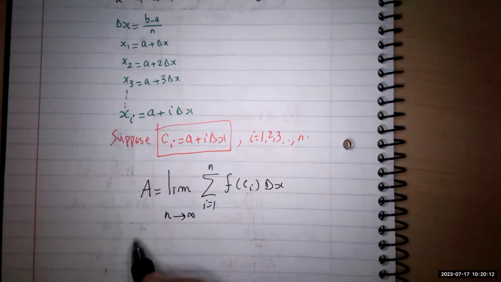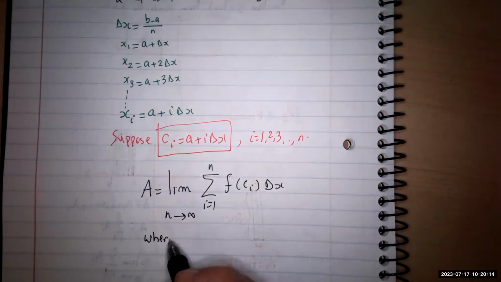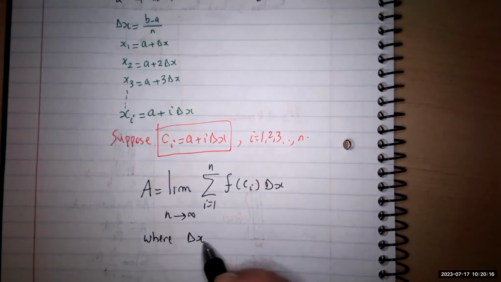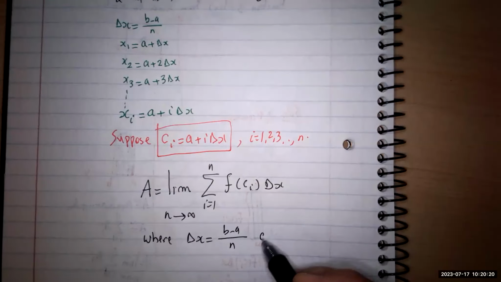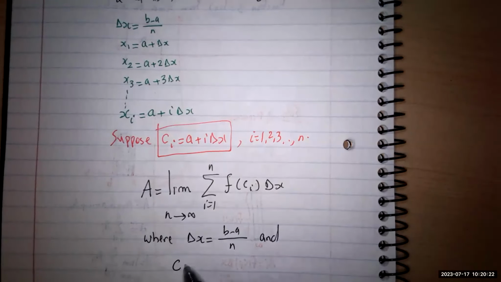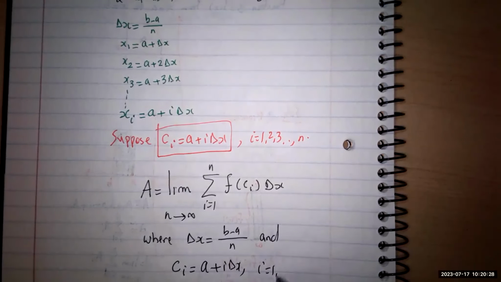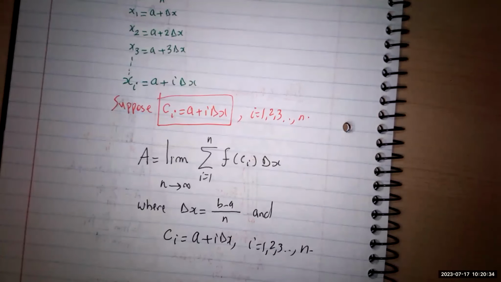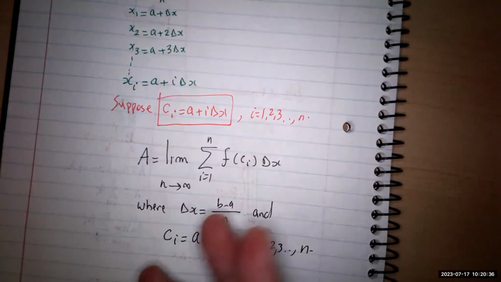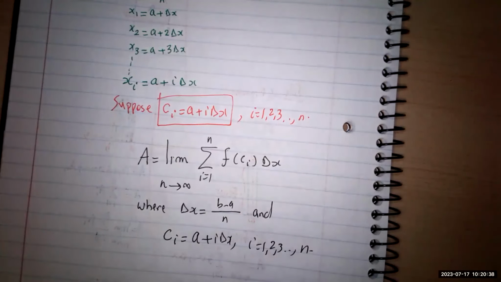Use this one formula where delta x is equal to b minus a over n, and ci is equal to a plus i delta x, for i equal to 1, 2, 3, up to n, to be able to do the job. Okay, I did everything, just to motivate it.